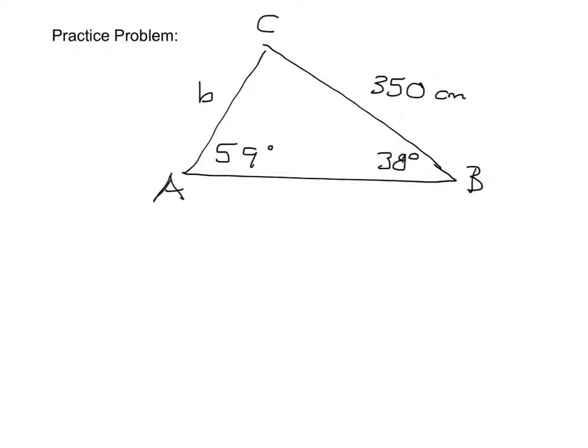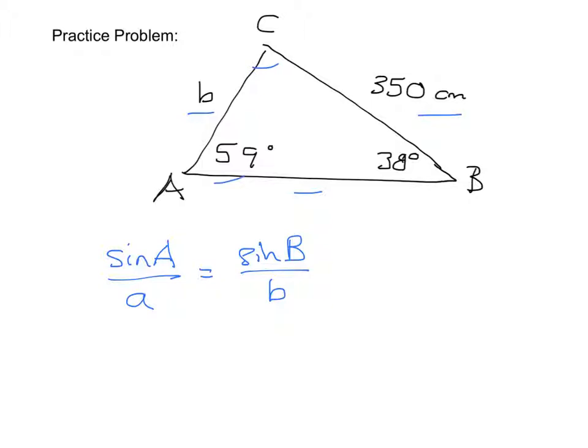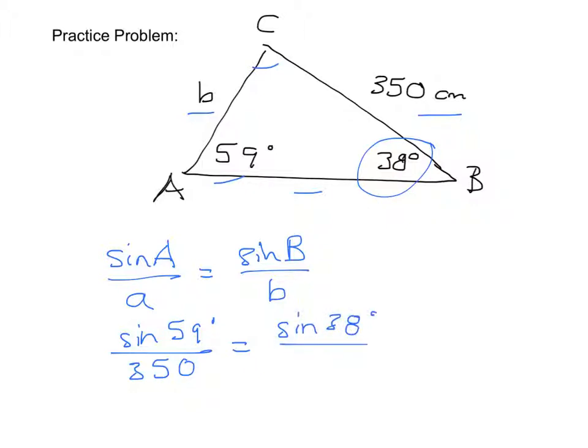So if we're given this triangle and we're asked to find the length of b, we can use our law of sines. So we know that sine A over length a equals sine B over length b, and that's all we need of it. We don't know either the angle or the length for side c, so it's not going to be useful here. But we do know both the angle and the length for side a, so we can plug that in. So it's going to be sine of 59 degrees over 350. And then we know our angle for B, so that's sine 38 degrees over b.